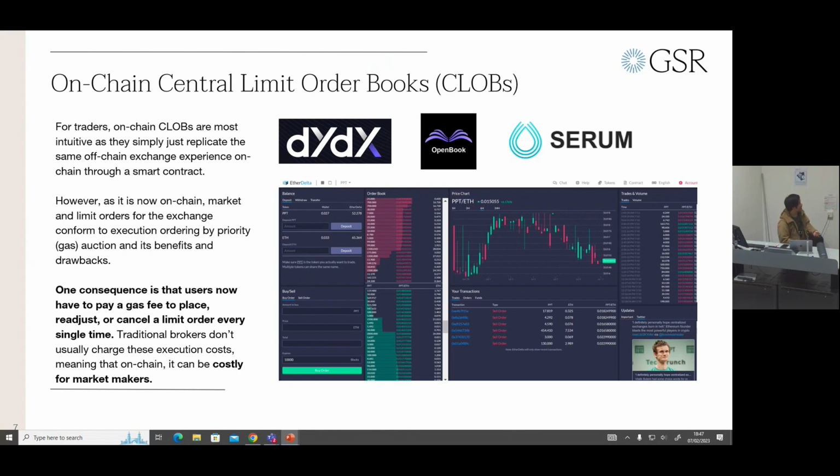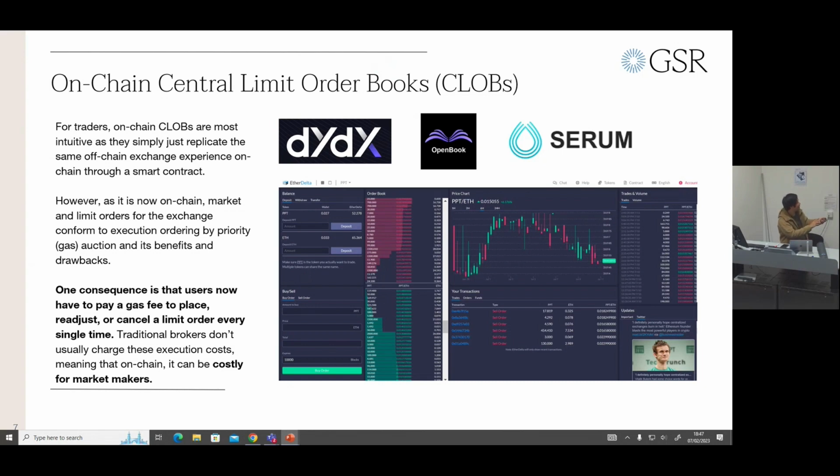Often you see this abbreviated as CLOB or clubs. There are some good examples out there. DYDX is a good example, for, let's say, options trading. EtherDelta is another one, one of the original CLOBs that existed on the blockchain.